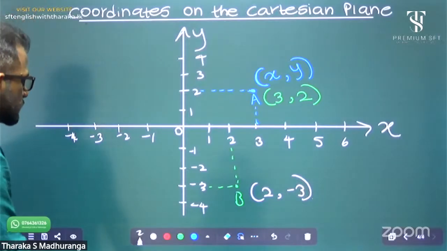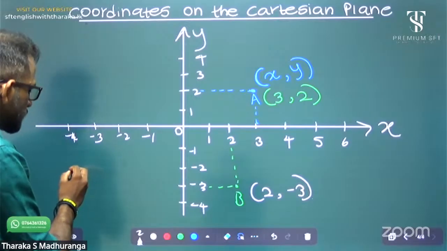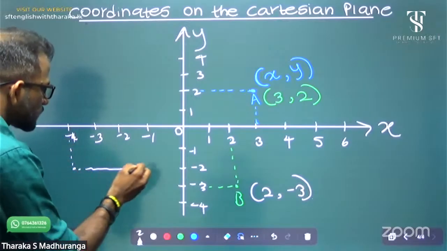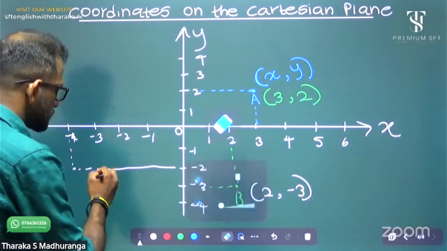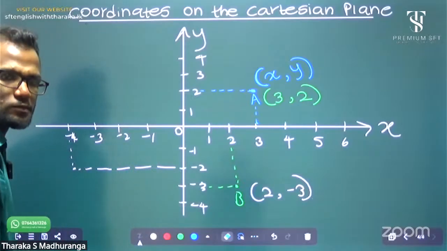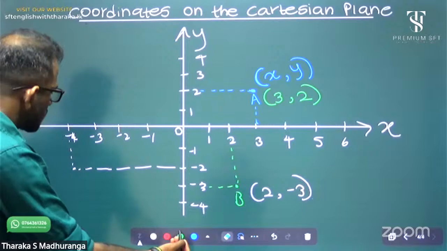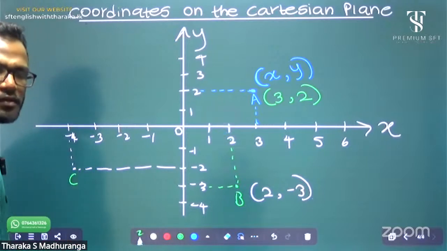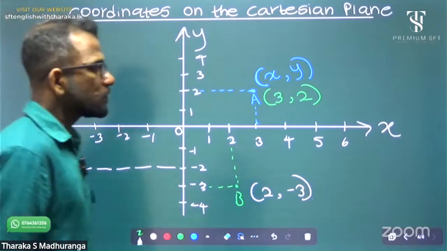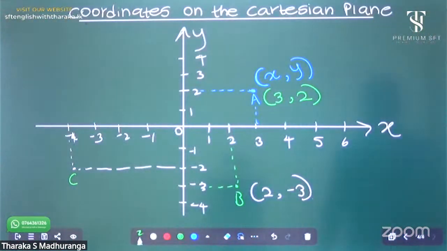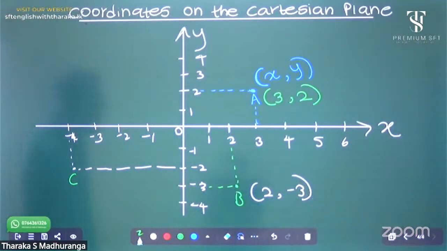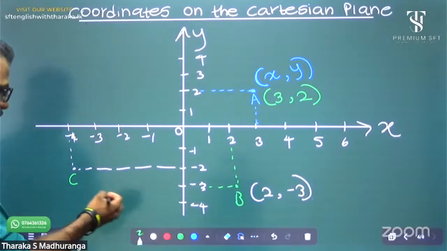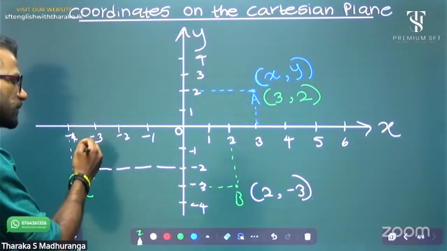Okay, if you take this point, what are the coordinates? Think it is point C. What are the coordinates of point C? Yes, first the x value, meaning the x-axis value.